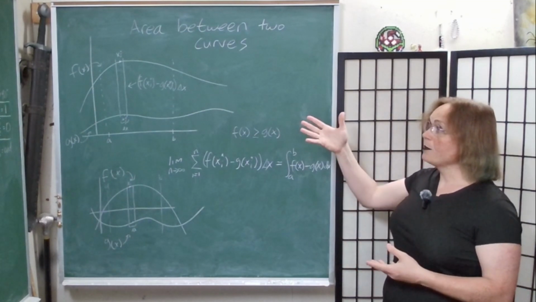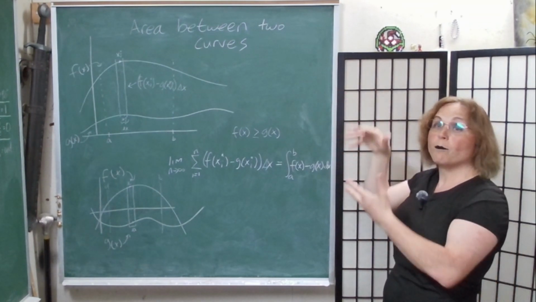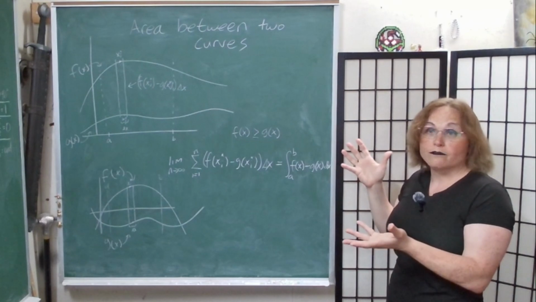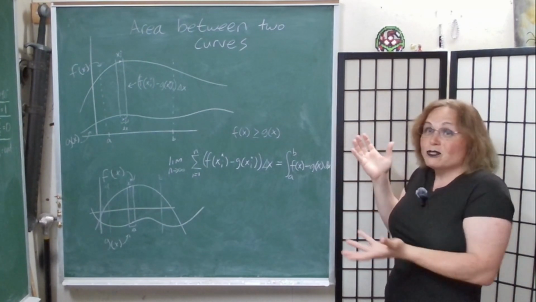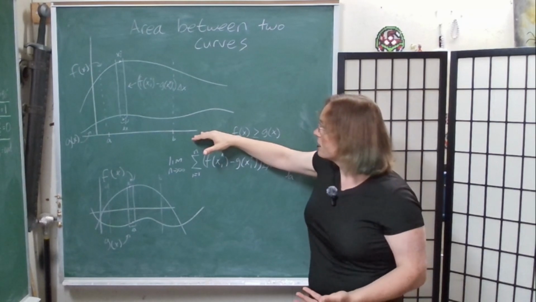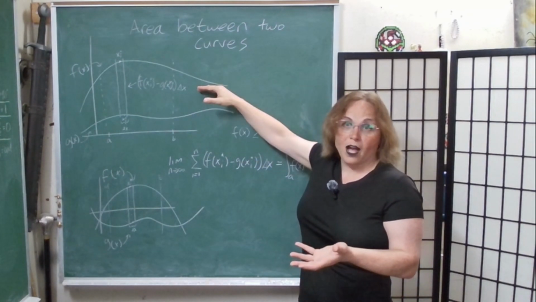The top one would be you simply have an area that is either above or below your x-axis, and it's bounded by two curves. It's exactly what you would expect. Instead of stopping at the x-axis, you have a curve that is either the bottom or the top.